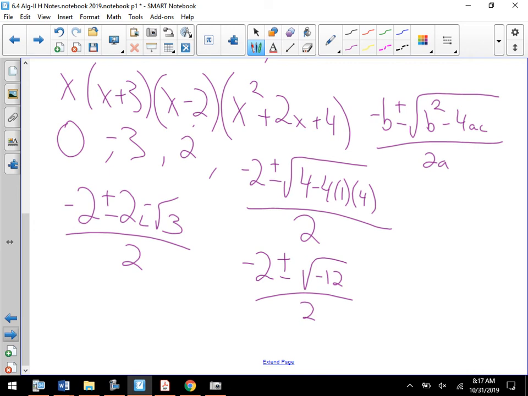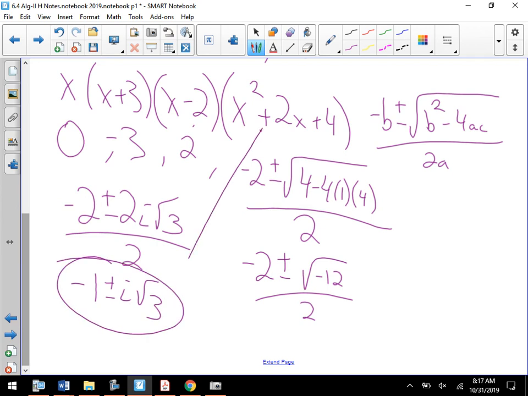But when you simplify the 2 and the -2, you wind up with -1 plus or minus i root 3. And that compensates for the zeros here. So the tricky part is when you get the imaginary zeros, when you have sums or differences of cubes. When you do that, you'll always have one real and 2 imaginary.